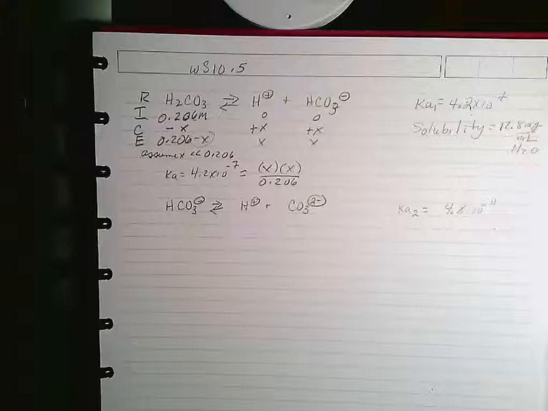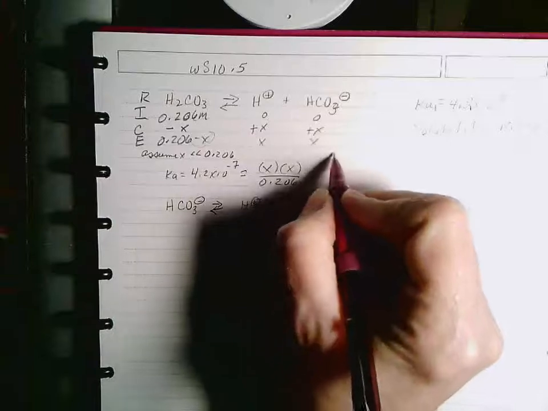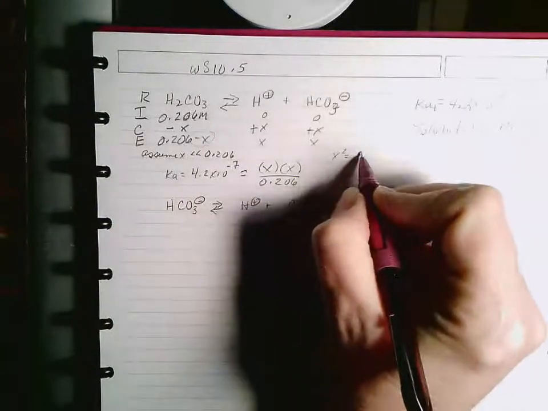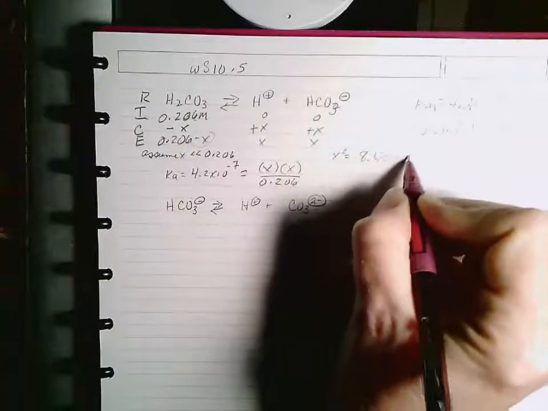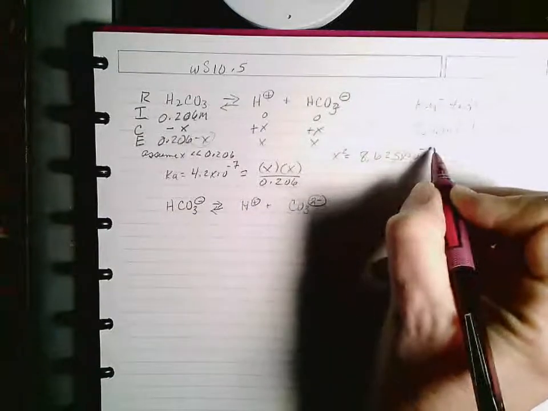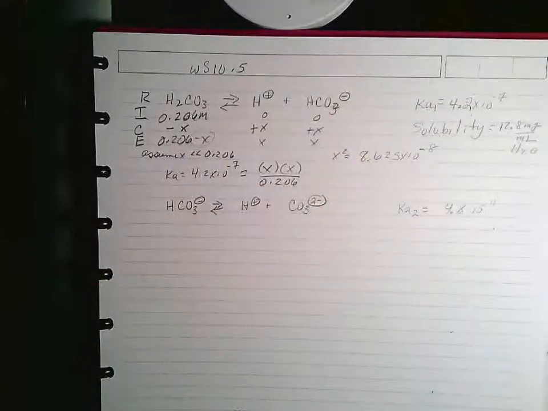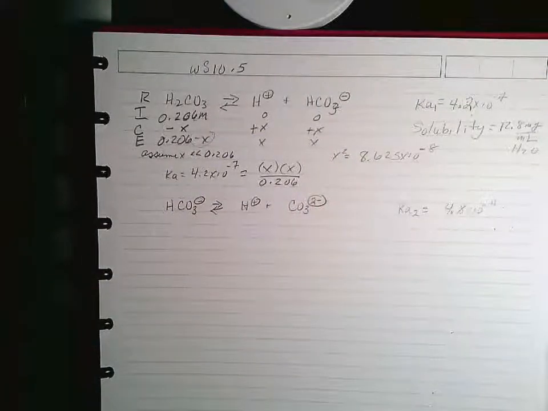And so I'm just going to go ahead and do the math. I'm going to take 4.2 times 10 to the negative 7th times 0.206, and I get that X squared is going to equal 8.625 times 10 to the negative 8th. And now I'm going to take the square root of that to get to my answer.